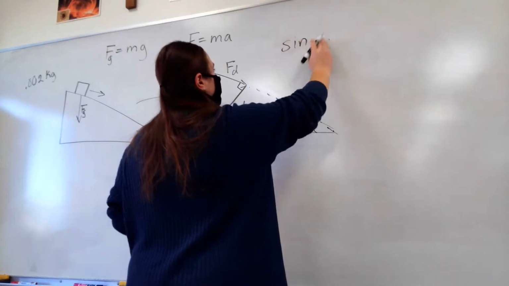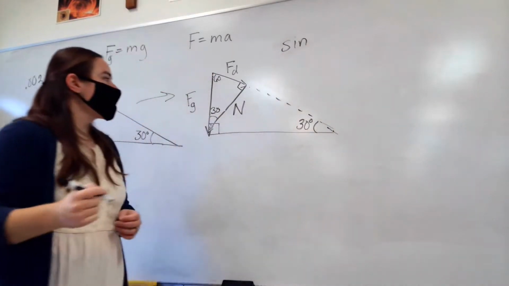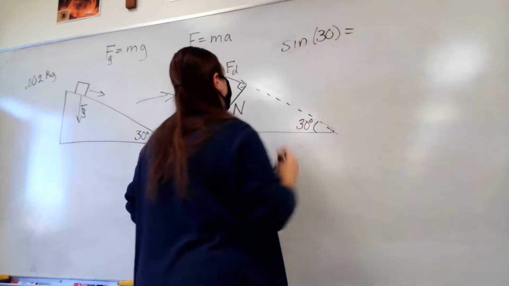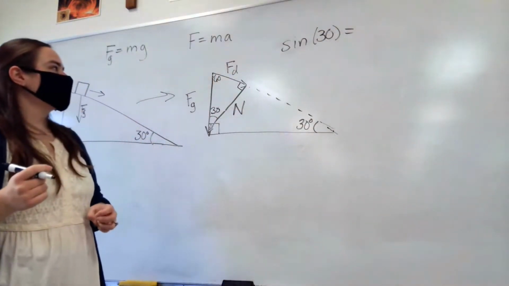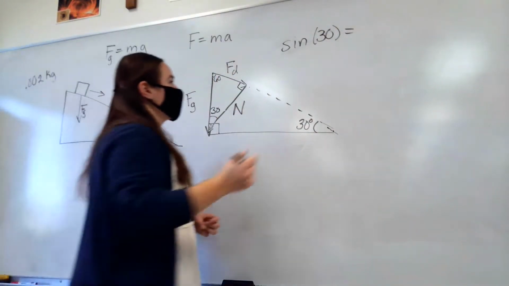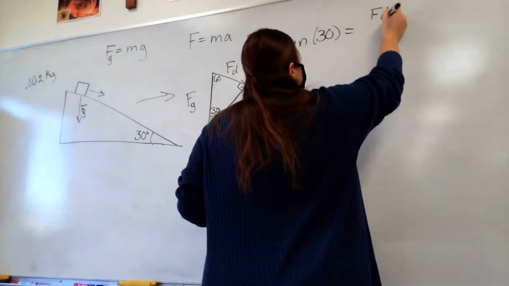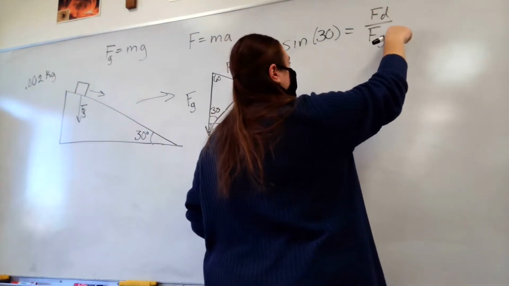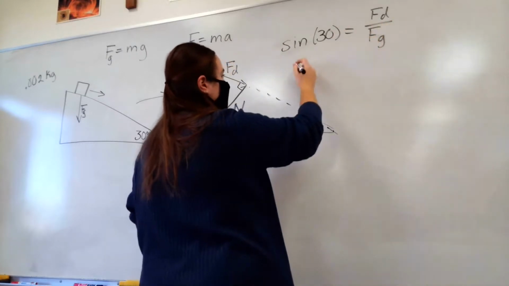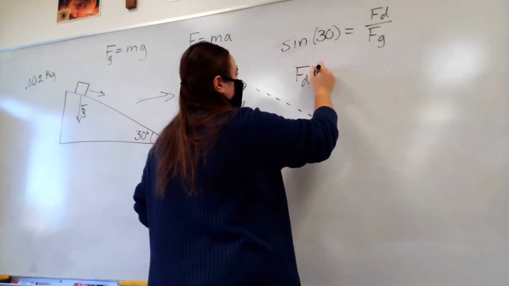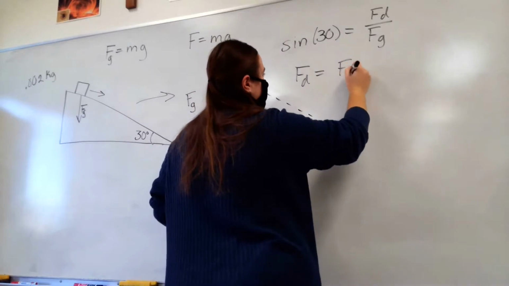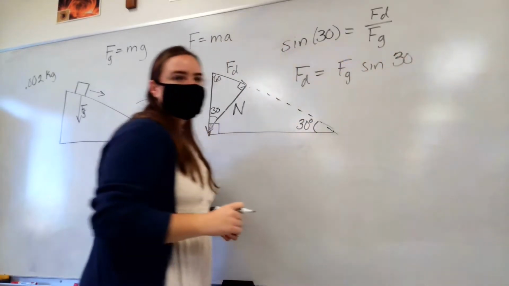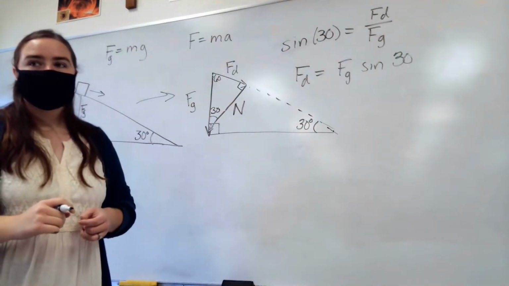Sine of 30 equals force down over force of gravity. So we really want this. So force down equals force of gravity times sine of 30, right? Okay.